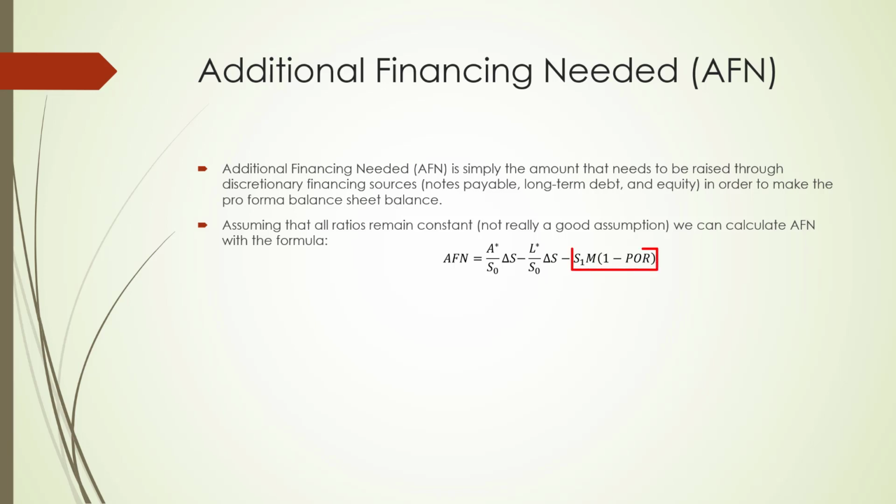And then the last term is the expected sales for next year, that's S1, times the net profit margin, that gives us the forecasted net income, times 1 minus the payout ratio, that third term gives us the change in retained earnings, which is spontaneous equity financing. So really, the way to look at this is that AFN is simply the total financing needed minus your spontaneous liabilities minus your change in retained earnings.